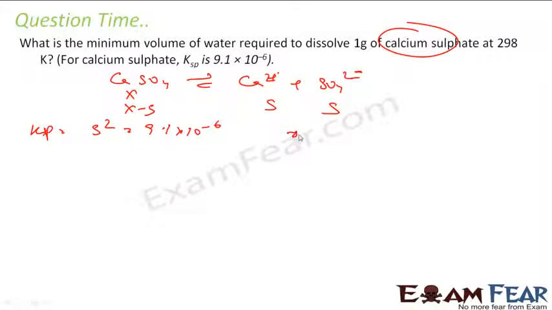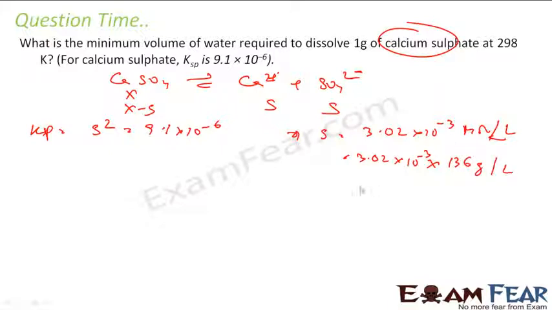When we solve this, we get s as 3.02 into 10 to the power minus 3 moles per liter. So we convert it into gram per liter. This becomes 3.02 into 10 to the power minus 3, and moles becomes grams, multiplied by the molar mass of calcium sulfate, which is 136 grams per mole. This comes out to be 0.411 grams per liter.